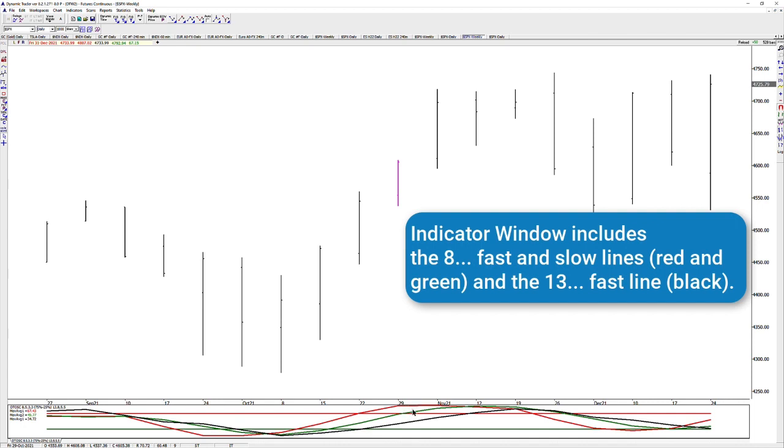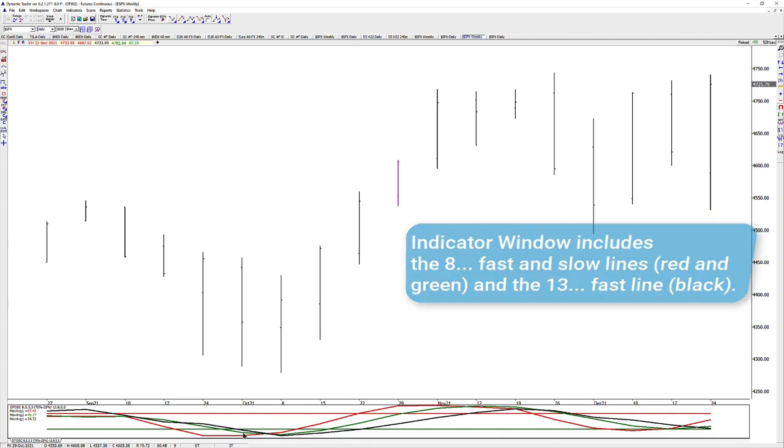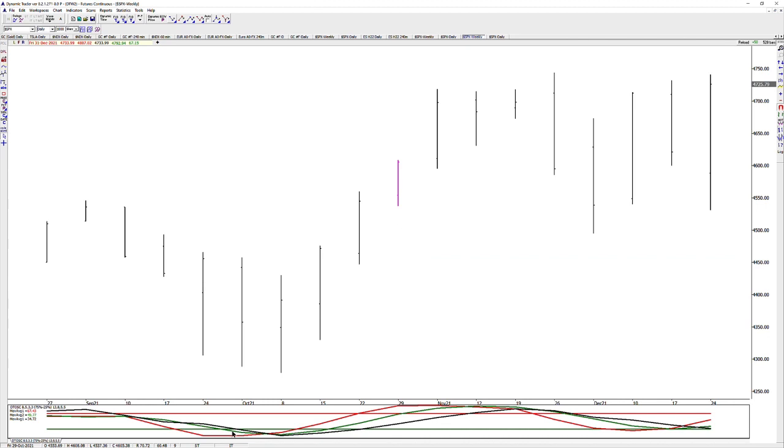We know, for instance, as of this bar, they're overbought, and then as of this bar, the 13 fast line reached overbought. So when all of these bars are overbought, and the 8 makes a bear reversal, that's a dual look back overbought bear reversal. Back here, again, as of this bar, the green and the red lines are oversold. The 8 momentum is oversold, and about 1 bar later, the black line, the 13 fast line, becomes oversold. All 3 of them are oversold.